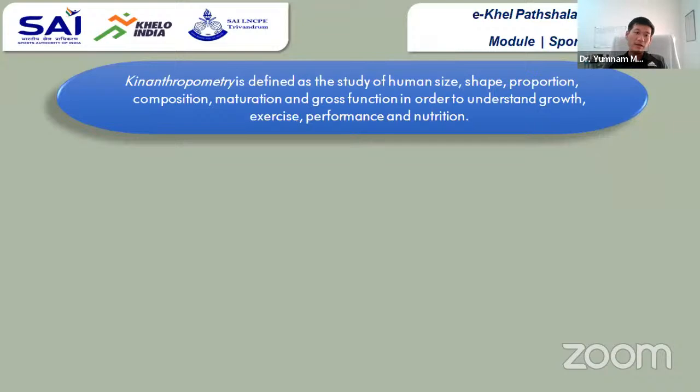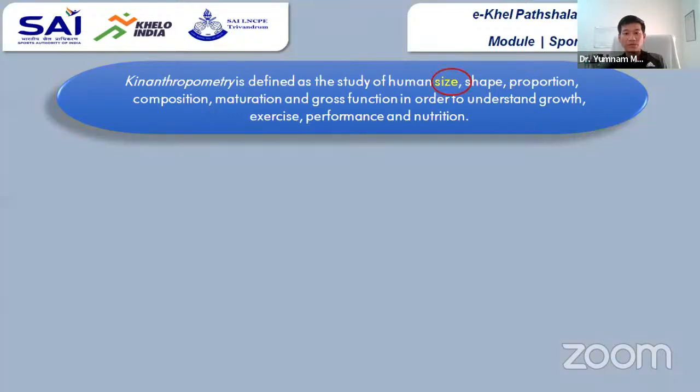In 1948, kinanthropometry is defined as the study of human size, shape, proportion, composition, maturation, and growth function in order to understand growth, exercise, performance, and nutrition. So this is the simple definition. Let's see one by one what this means.